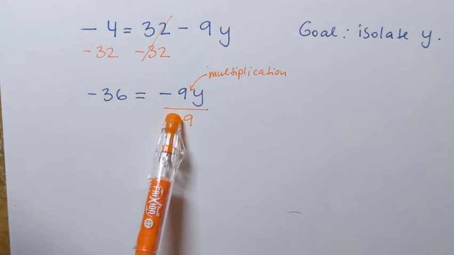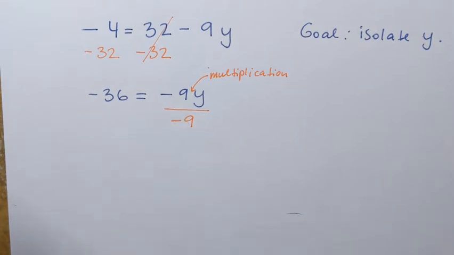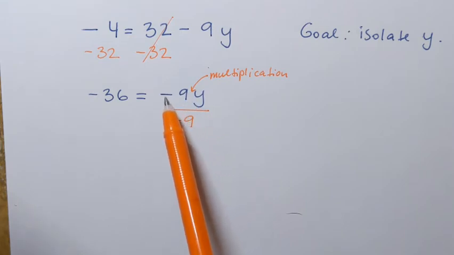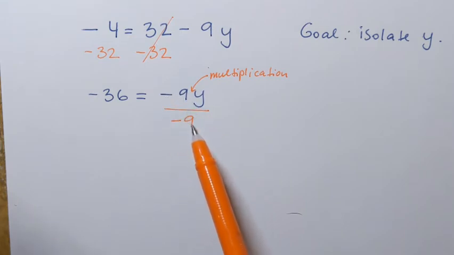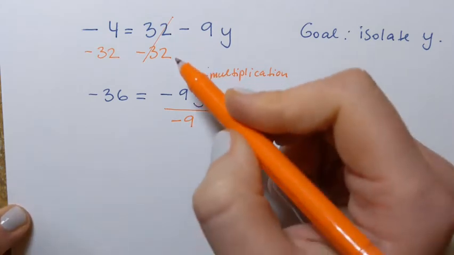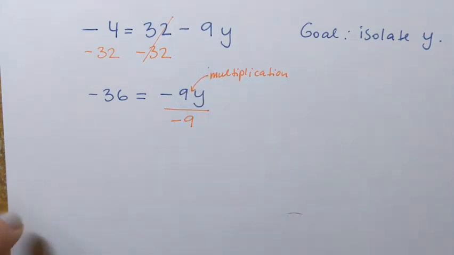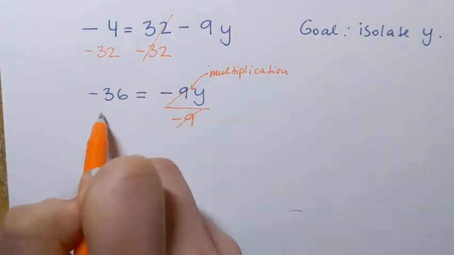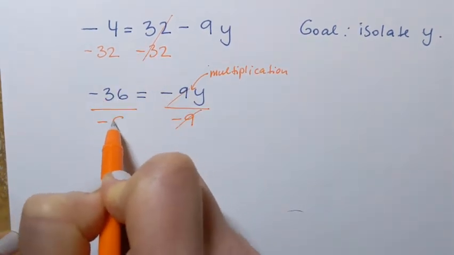I want everything to go: numbers and signs. That's why I want to divide by the number with the same sign, -9, because -9 divided by -9 is technically 1, but I don't have to write the coefficient 1. So that goes away. But to keep my equation balanced, I'm going to divide on the left-hand side as well.